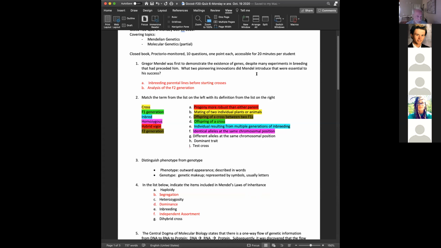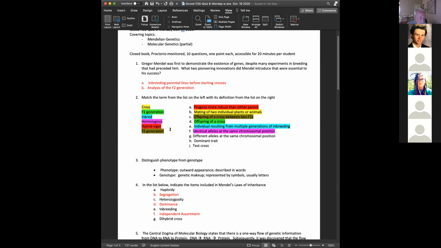Okay, question 2, most of you got this right. The cross is the mating of 2 individuals. An F1 is the progeny of a cross. Inbred results from multiple generations of inbreeding, homozygous, identical alleles at the same position.